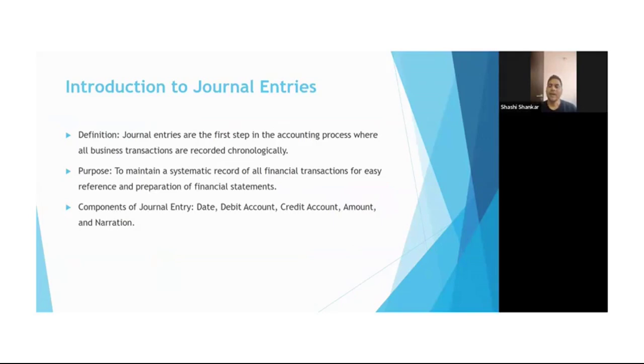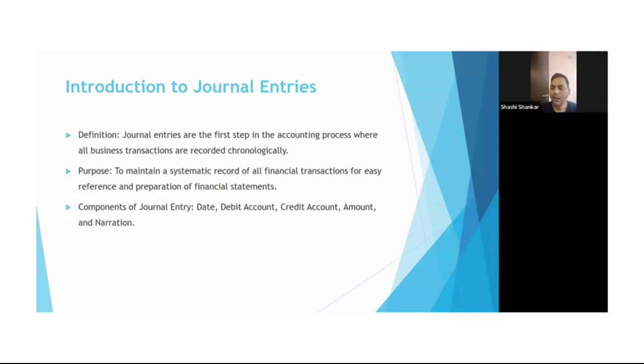Every business firm or individual having day-in day-out transactions, all transactions must be entered in the journal. So journal entry is the very basic first step in accounting where all transactions are recorded chronologically.